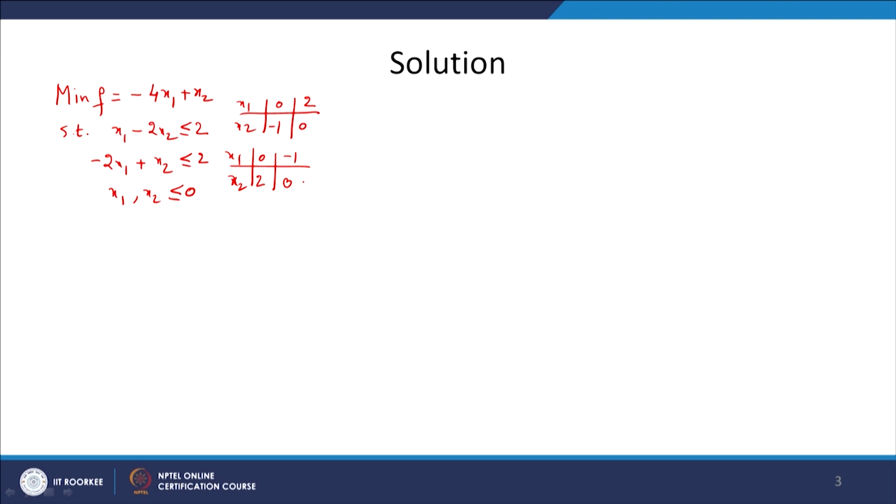This is the way it has to be done, as I have explained earlier. Now, let us plot both these lines. This is the origin, with the axes marked at minus 1, minus 2, 1, 2.